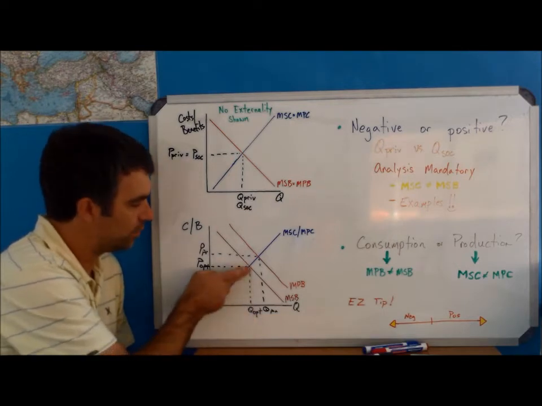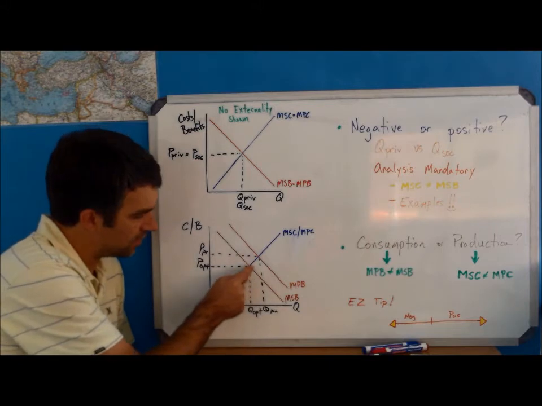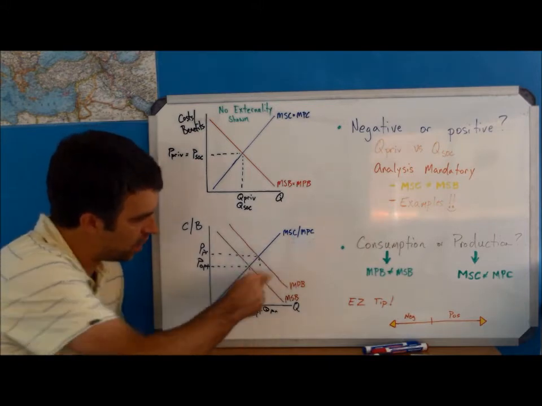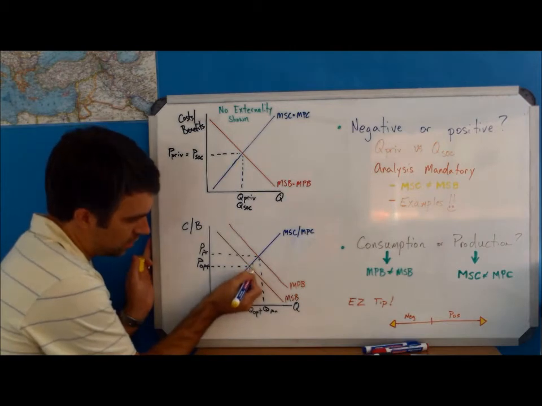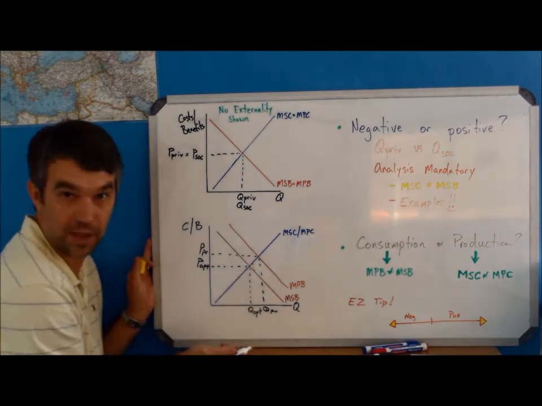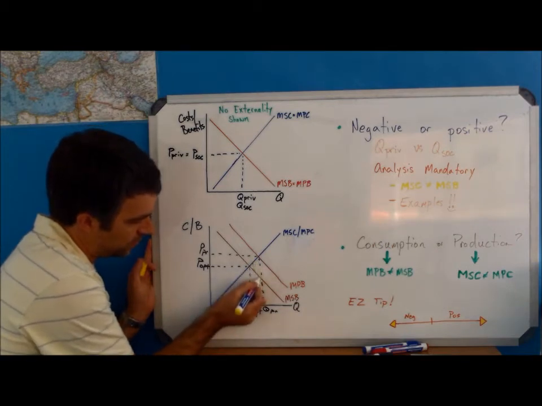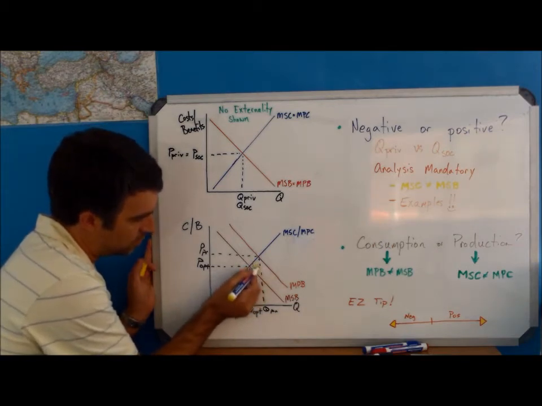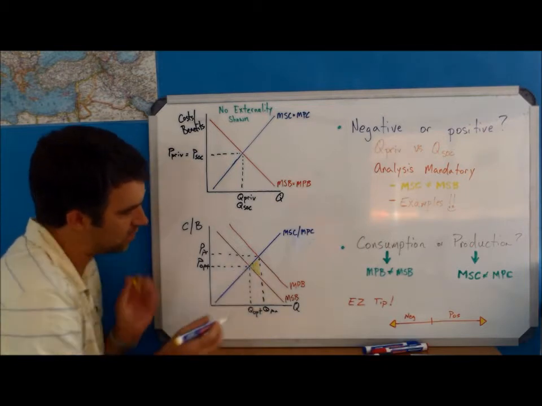And we can tell because if we go from Q optimal to Q private, what we can say is this social cost is greater than the social benefit at that same level. And that's true throughout this triangular region. So there we have our little arrow that we like to draw.